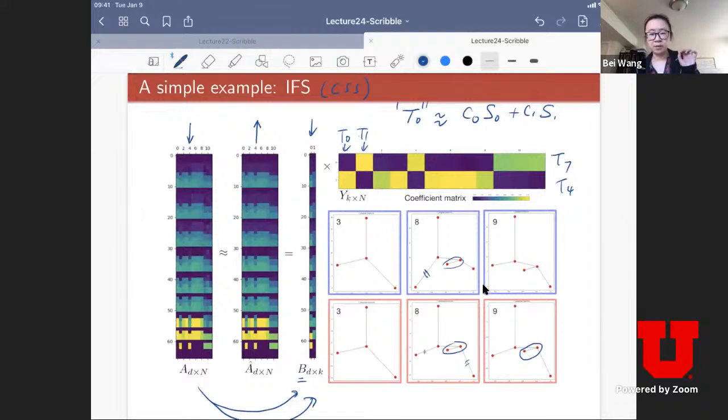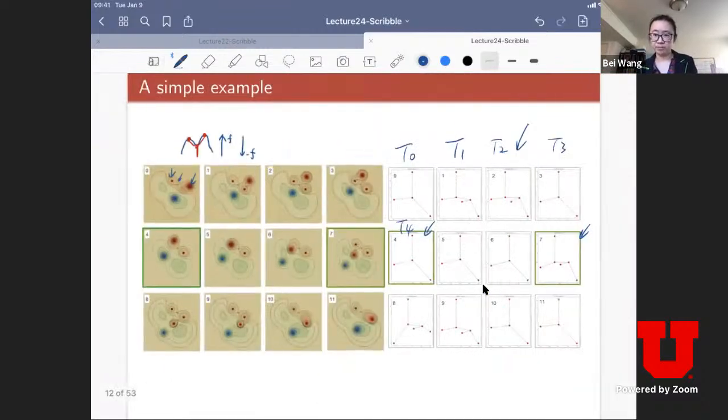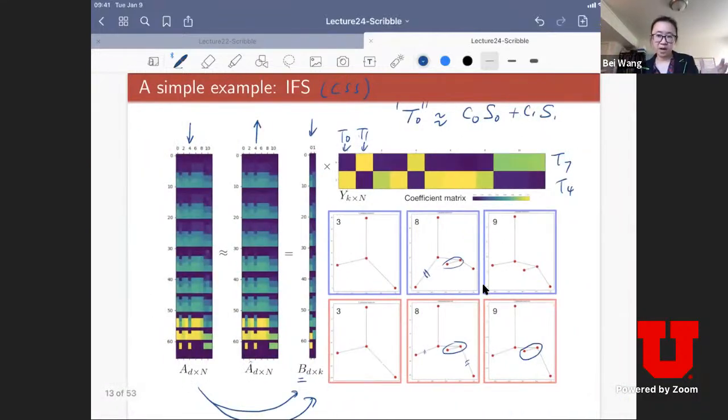And when I say you have a compressed representation, your entire collection of input trees, where there are 12 of them, can actually be expressed as 2 basis trees and a coefficient matrix. So essentially your matrix B right here and your coefficient matrix, combined, now represent the entire collection of my merge trees.